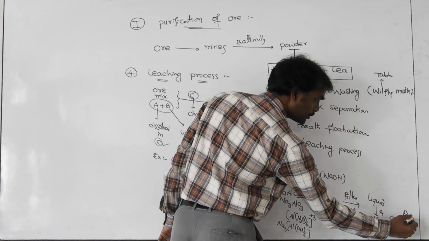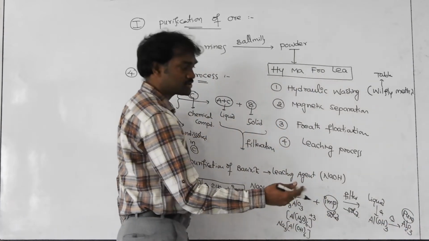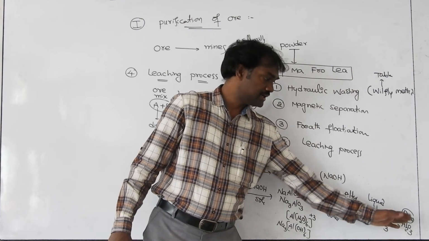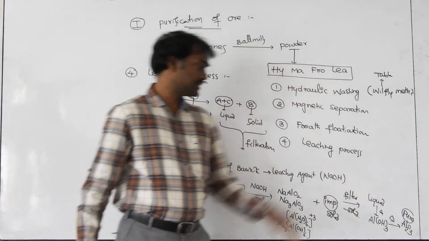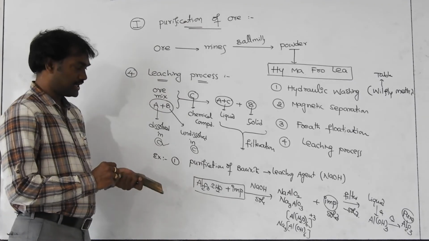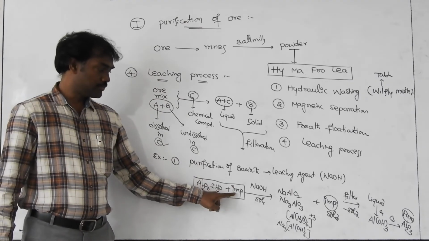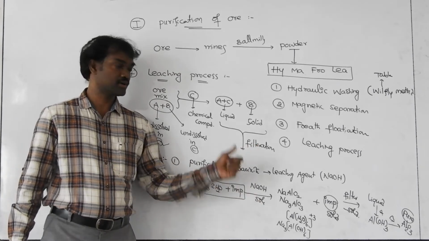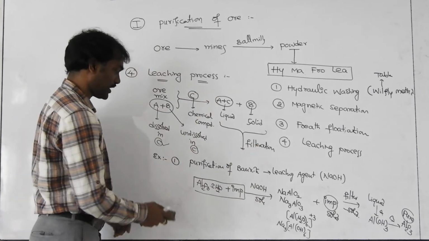So you are getting pure Al2O3 plus water. This Al2O3 is in solid form, and again liquid is coming, so you can separate by using the filtration process. The main condition in the ore and impurity is that one is dissolved and another one is not dissolved. That is the basic point for the leaching process.